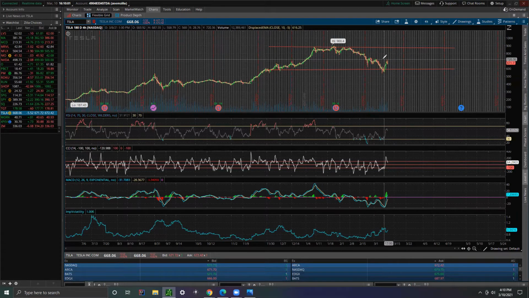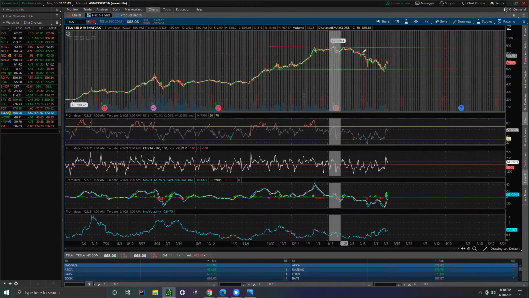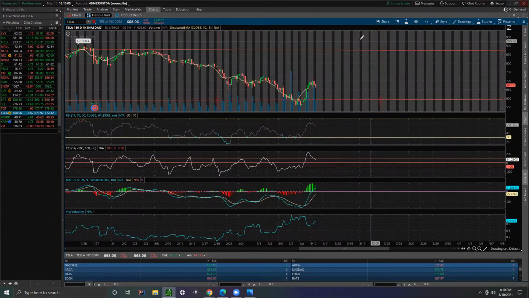So now let's take a closer look. We can now draw trend direction lines. In order to do that, you basically just want to line up the bottom of these candles.